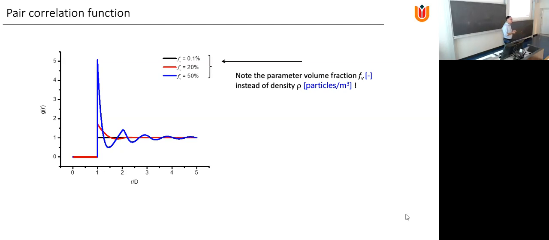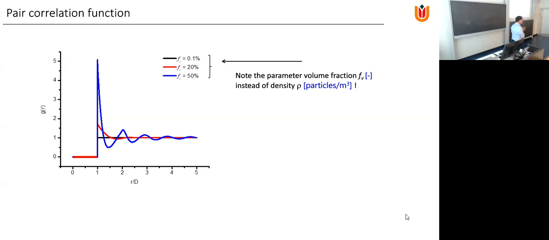If the radius that you're measuring is smaller than the diameter of the particle, you cannot find any particle there, because if that were true, they would overlap. That is not allowed. So for separations up until the diameter of the particle, we're not allowed to find any particles at all. And then after that, the value of the function jumps to 1, and then it continues to be 1 for increasing distances.